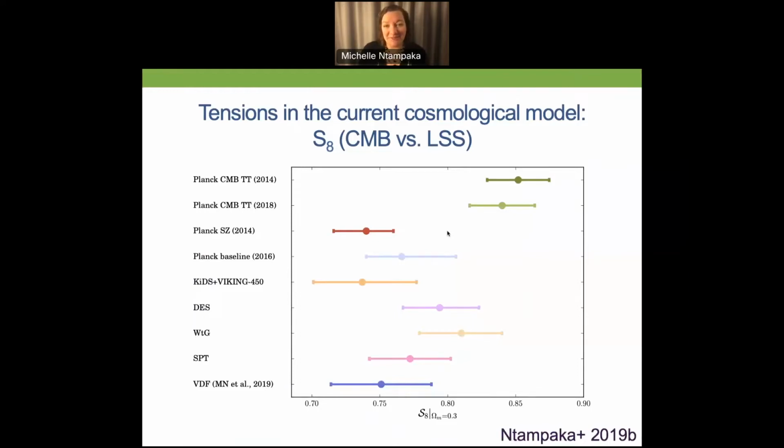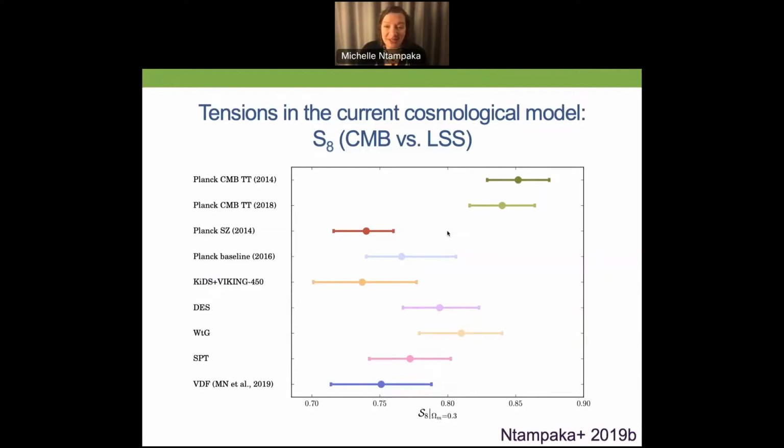For this case study, we're going to be looking just at X-ray, and we're going to be exploring the S8 tension. So the S8 tension is an open question in the modern cosmological model, and effectively, cosmological microwave background measurements predict that there should be more massive structure, as you see in green here, compared to measurements of large-scale structure.